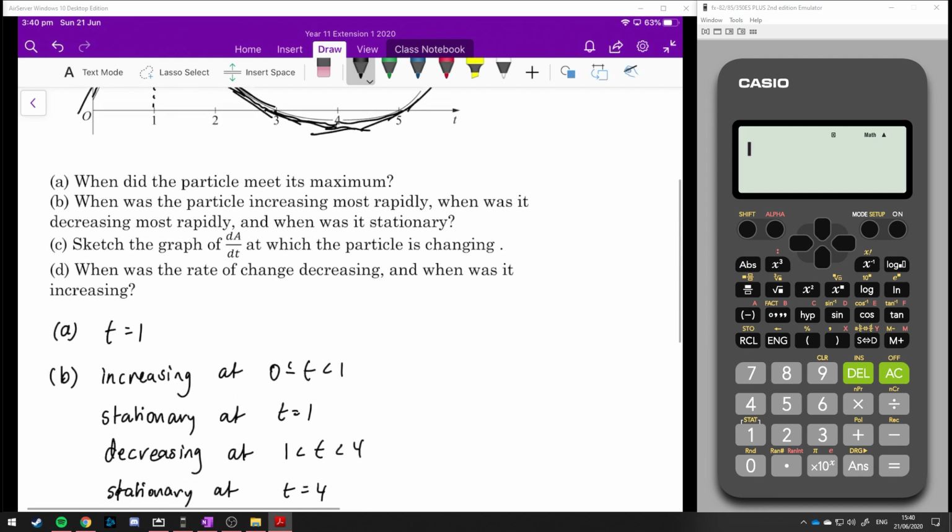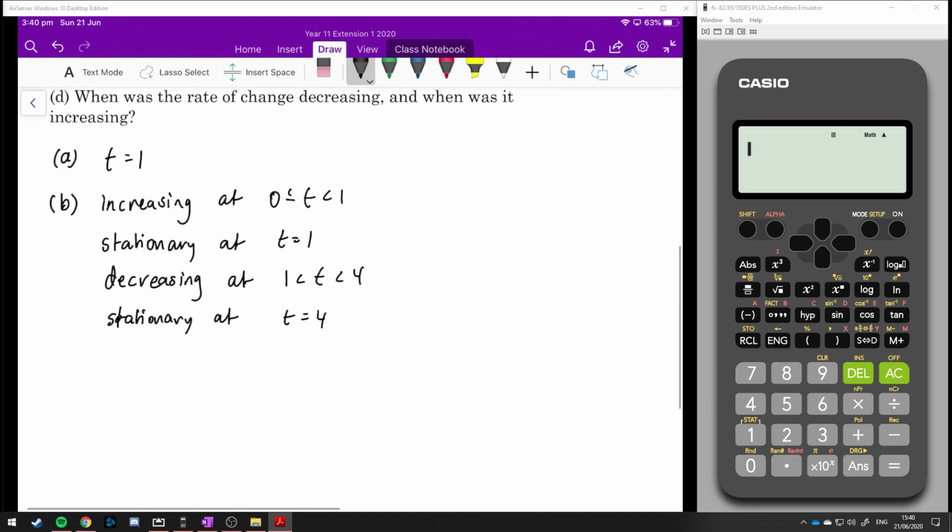And then it's going to continue back up again, so increasing when t is greater than 4.